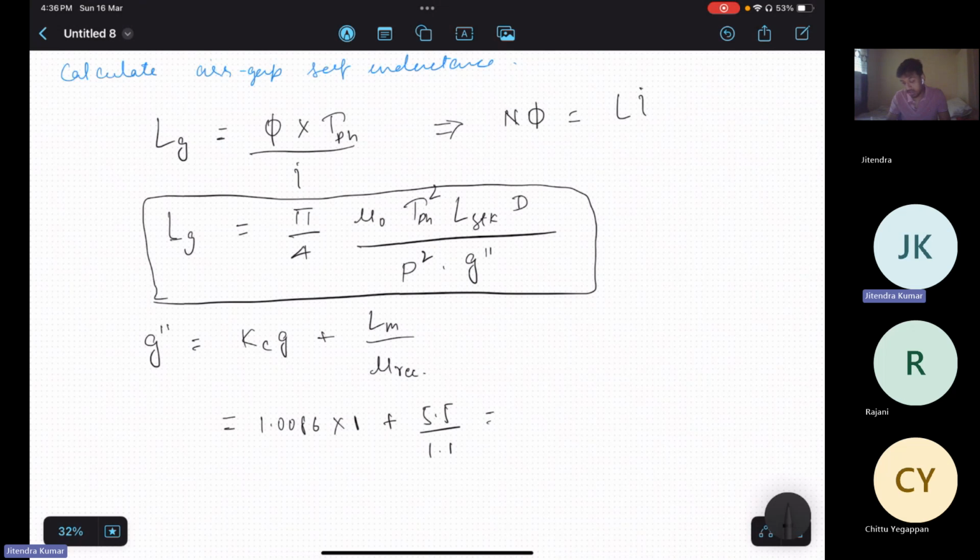So 5 plus 1.0086, so it will be 6.0086. You can see from here also, the physical air gap was 1 mm, but the effective air gap became 6.0086 mm because of the high leakage of the magnetic surface.